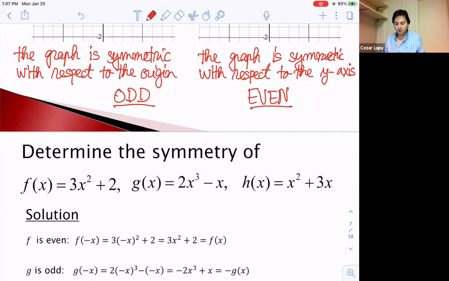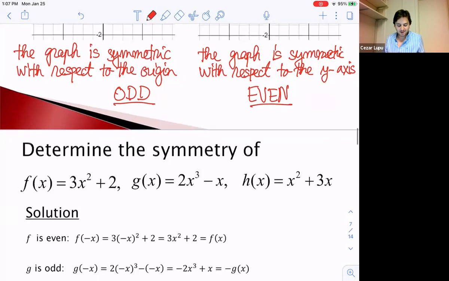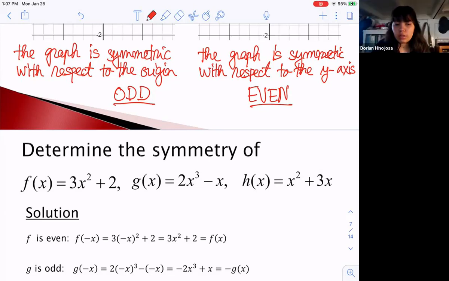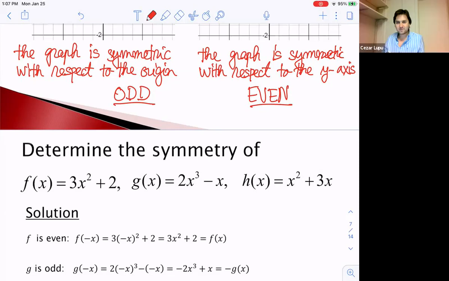But what about the third one? What do you think about the third one? Let's see. What does your intuition tell you? Is it odd? Well, somebody says odd. Does anybody think it will be even or something? Even?